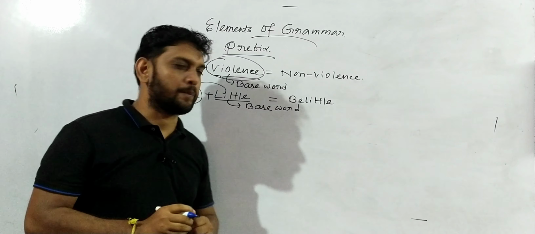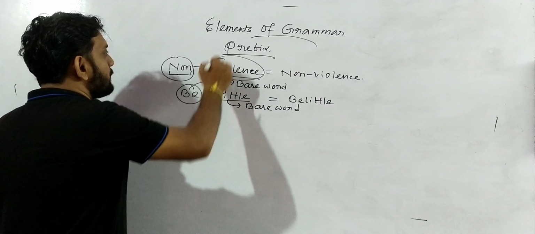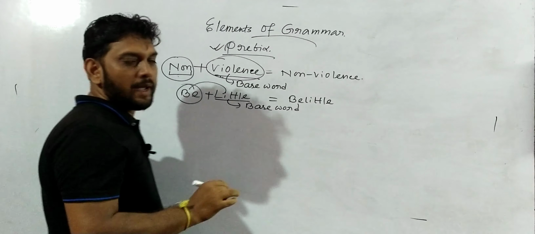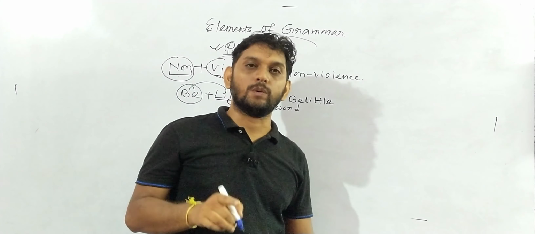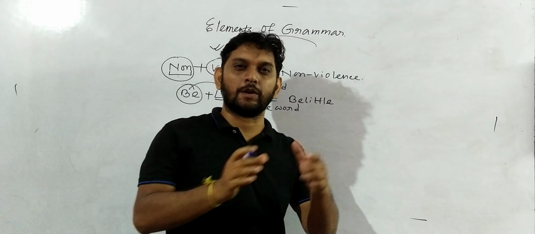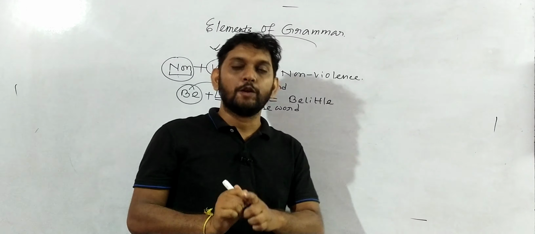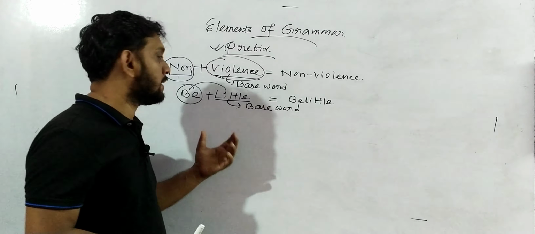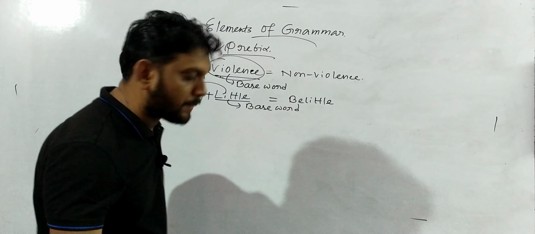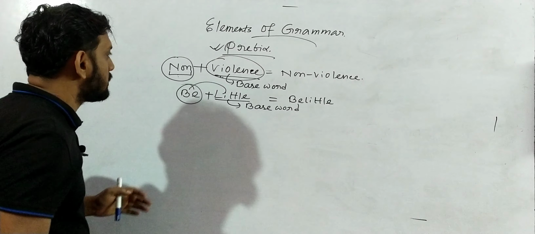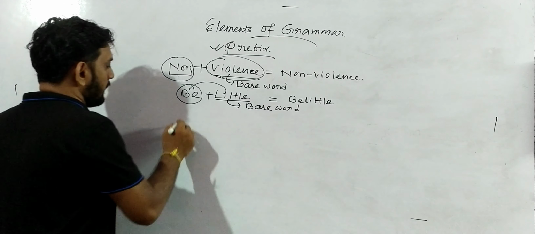I think all of you got my point. So this is called prefix. So you should keep it in your mind that prefix is a letter or a group of letters added before the base word.